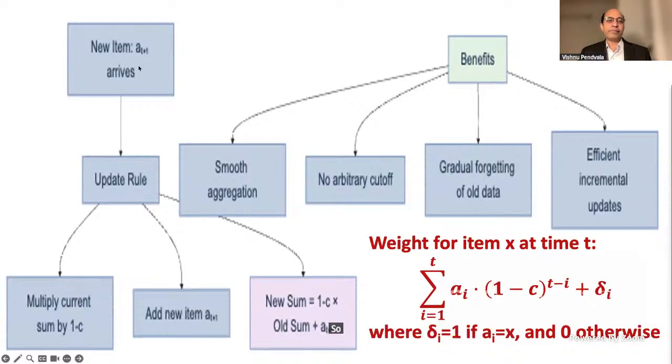So when a new item arrives, the update rule is: multiply the current sum by 1 minus c and add the new item to the weight. So the new sum is (1 minus c) times the old sum plus the weight given, typically 1.